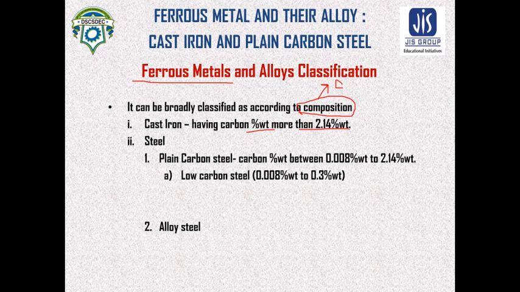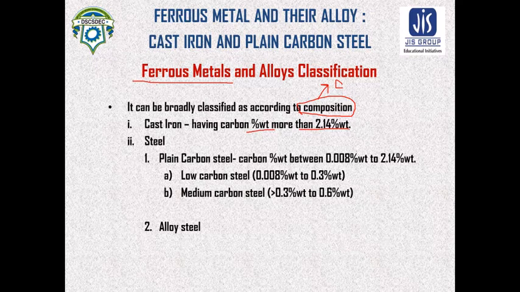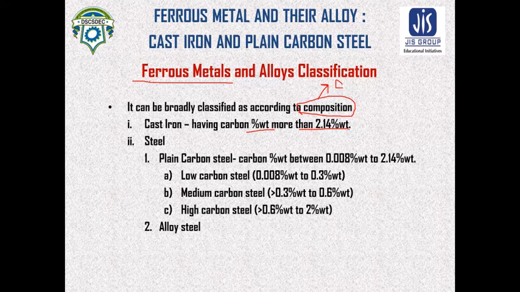Plain carbon steel can be classified into three subclasses: low carbon steel, where the carbon percentage varies from 0.008% by weight to 0.3% by weight; medium carbon steel, that is greater than 0.3% by weight to 0.6% by weight of carbon; and high carbon steel, that has 0.6% by weight to 2% by weight of carbon.